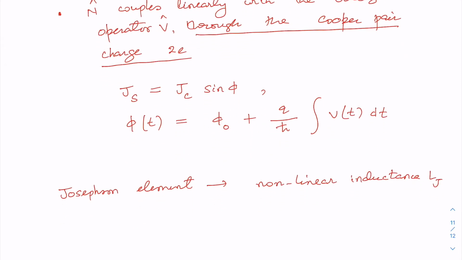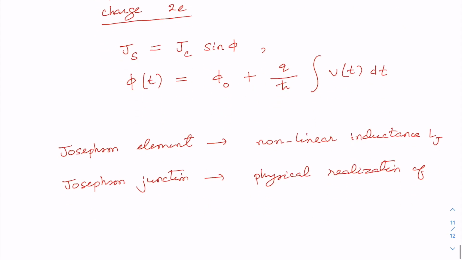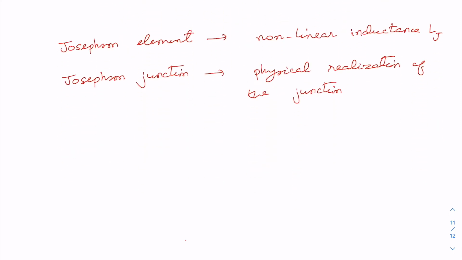And the term Josephson junction, on the other hand, is reserved for the physical realization of the junction, which is generally modeled by a capacitor, say Cj.